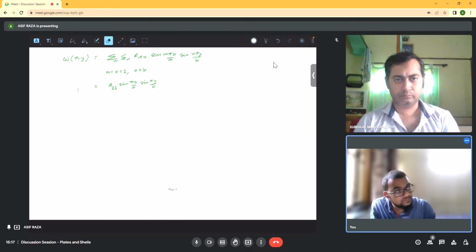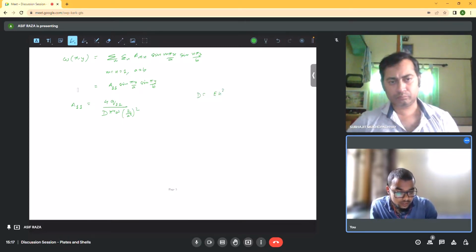Okay. We have this A11 value found out as 4 Q11 upon D pi to the power 4 (2 by a square) whole square, where D is the flexural rigidity, E h cube by 12 (1 minus nu square).